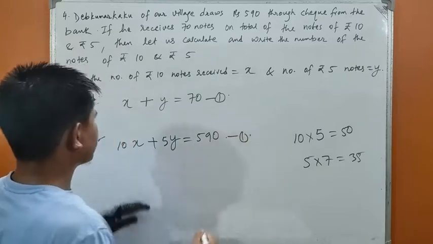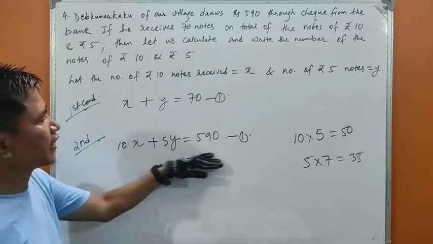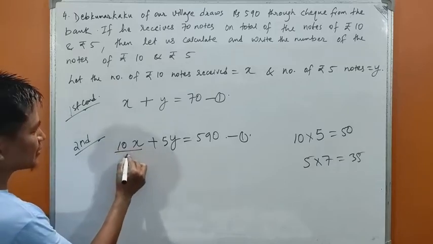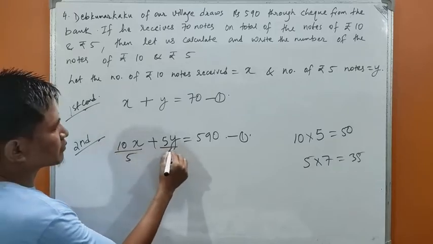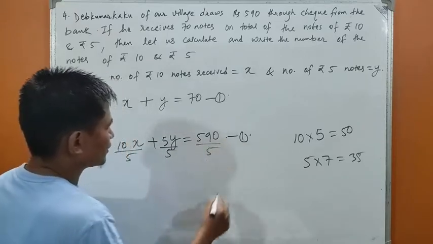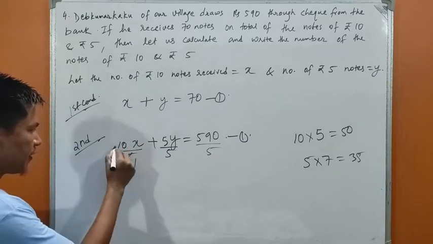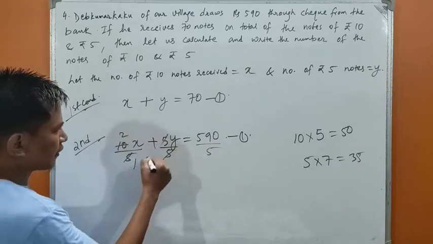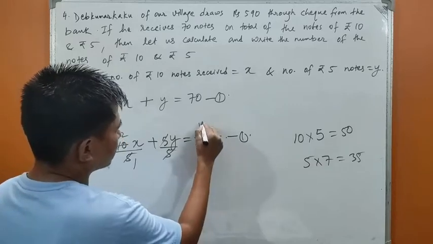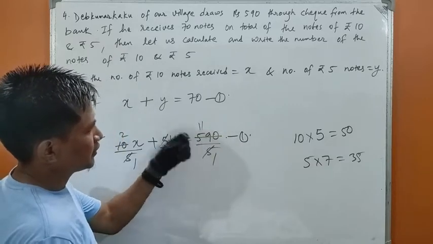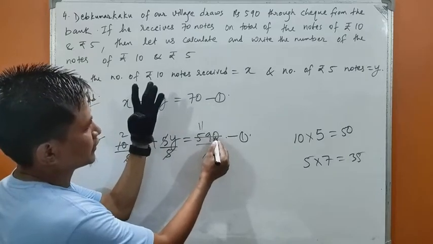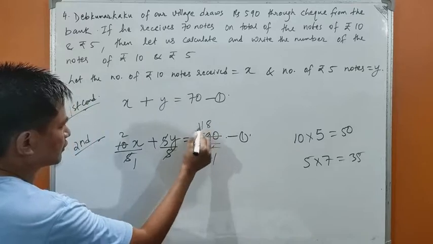So let us reduce the number. The value of the equation does not change. Let us divide this whole equation by 5, because the smaller the number, the easier it becomes for us, isn't it? 5 ones are 5, 5 twos are 10, 5 and 5 cancel, 5 ones are 5, 5 eights are 40.